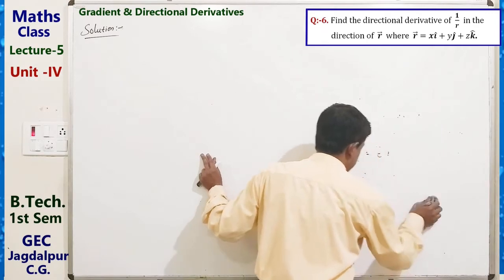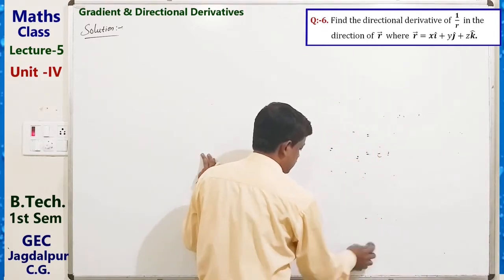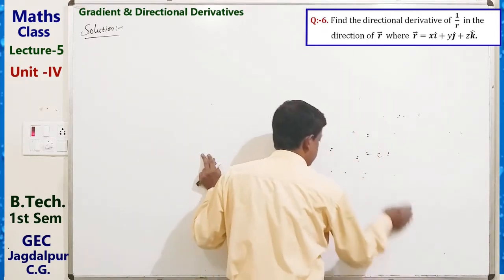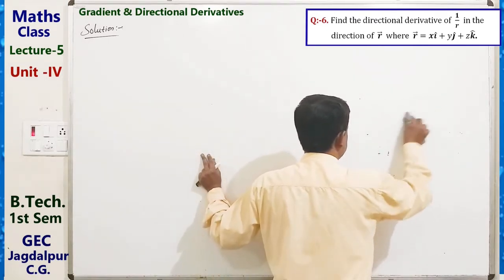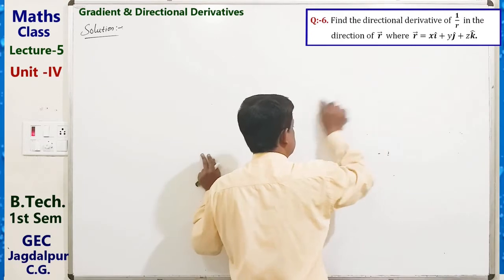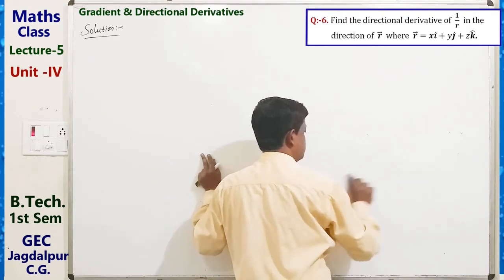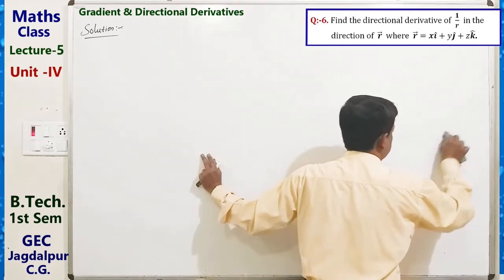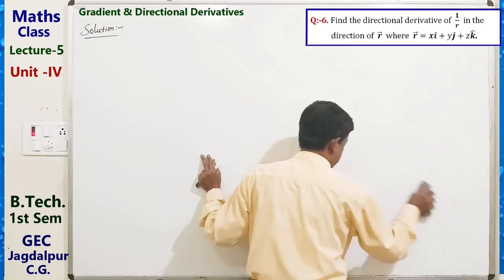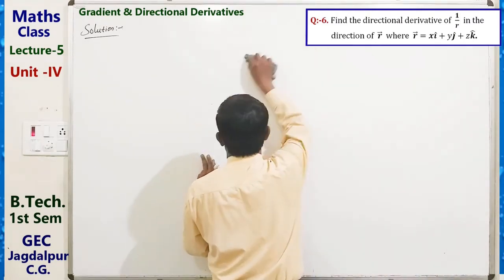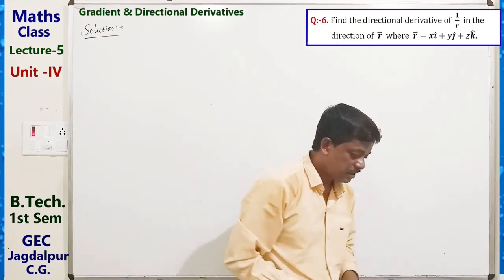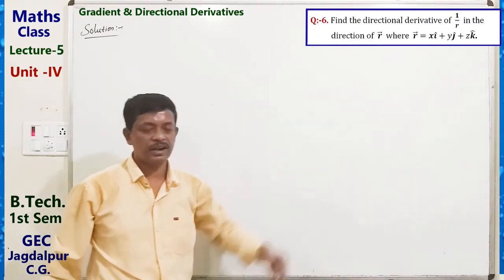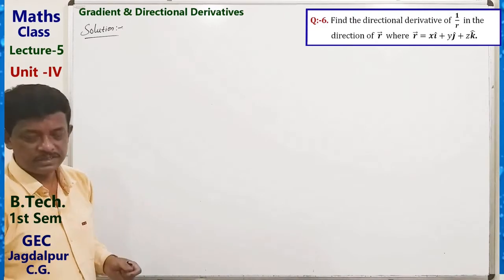Just take its dot product and then you can get the directional derivative. It is simple to find by using the formula A cap dot del phi, where A cap means in the direction of r, where r equals xi plus yj plus zk.